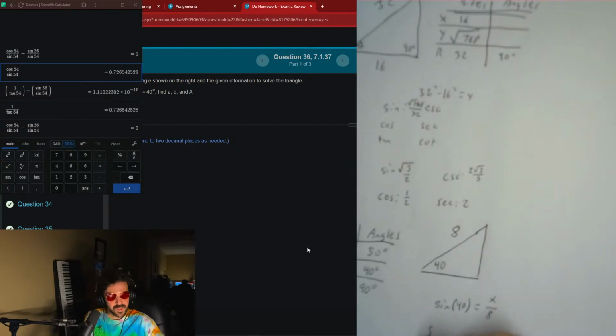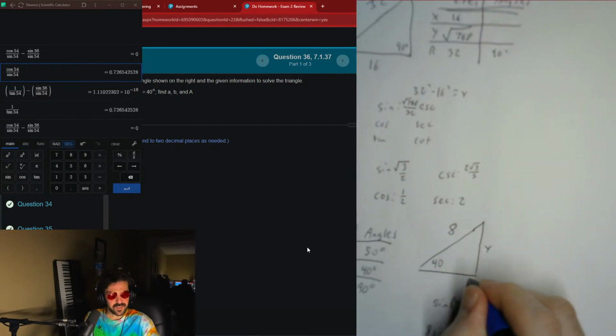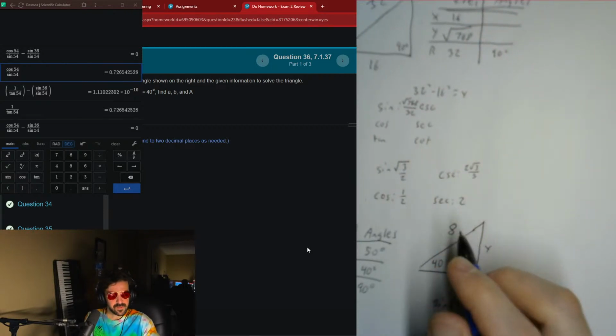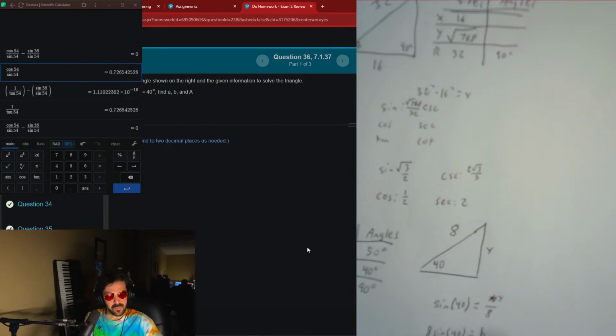So 8 sine 40 degrees is equal to the opposite. So is y, right? Actually B. And then cosine is adjacent over hypotenuse, so 8 cosine 40 is A. All right, let's do it.